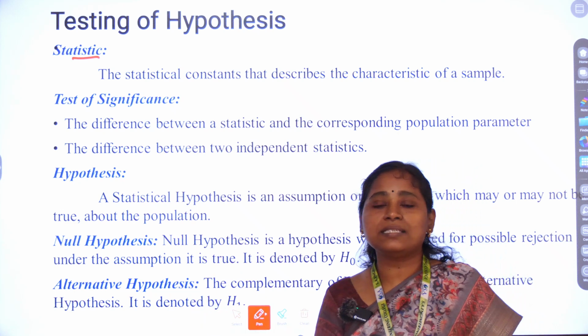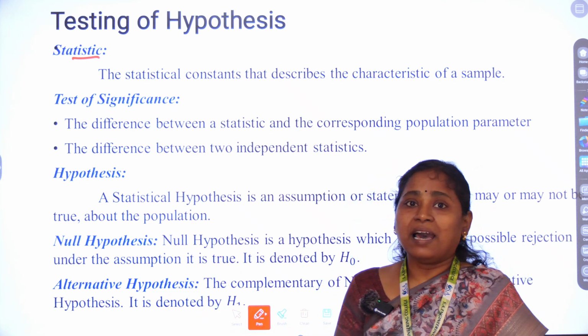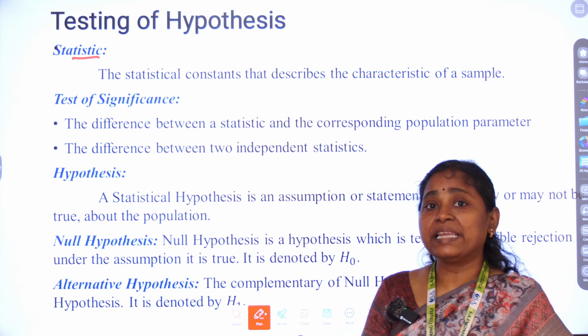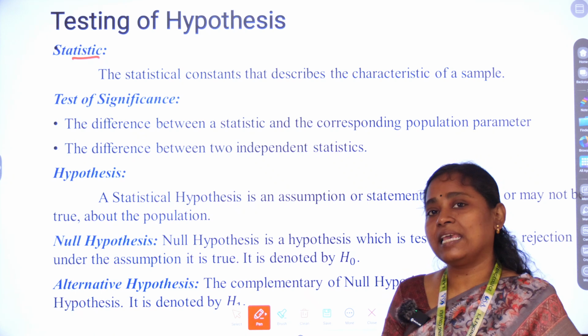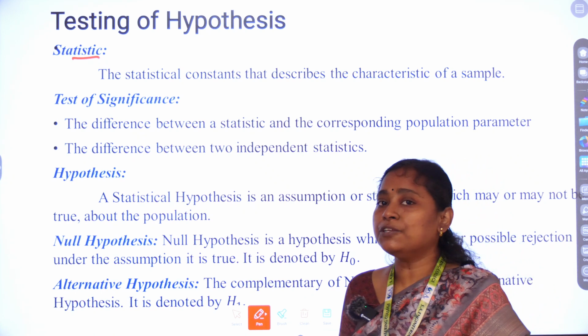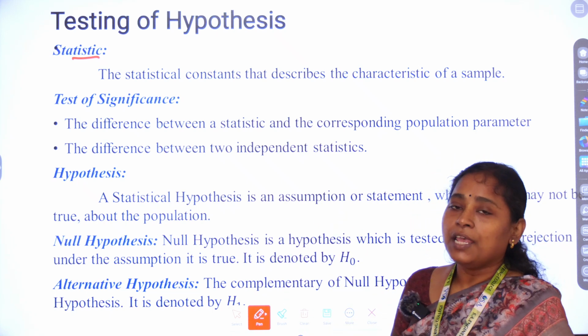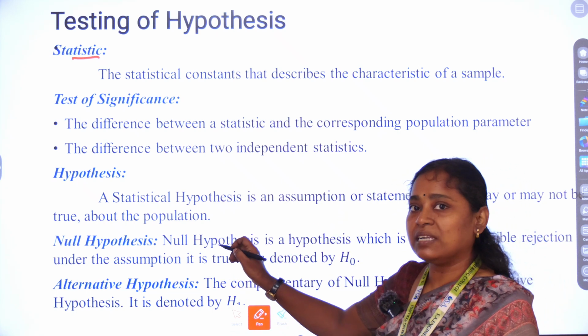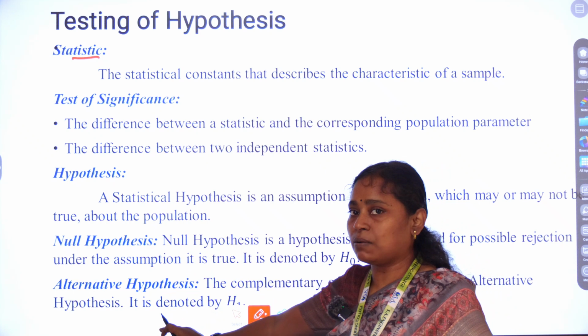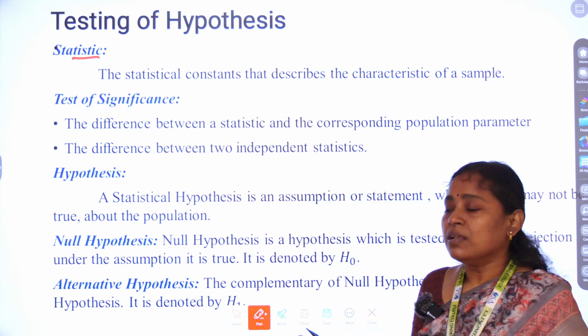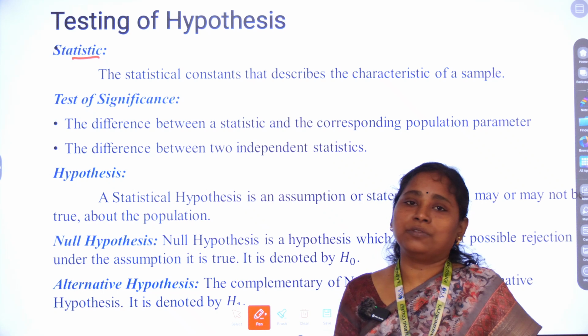The next one is hypothesis. A hypothesis is nothing but an assumption or statement which may or may not be true about the population. So that is known as hypothesis. Now hypothesis is of 2 types. One is null hypothesis and another one is alternative hypothesis. Let us see what is meant by null hypothesis.